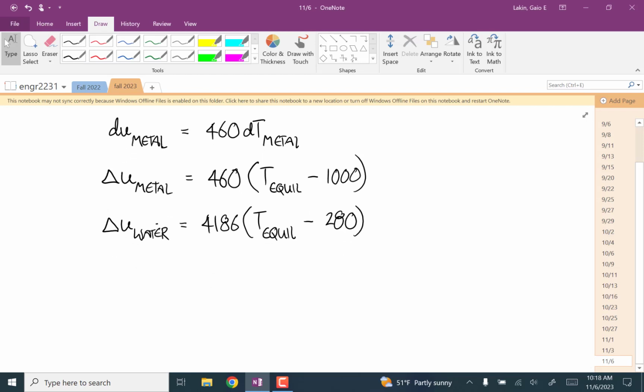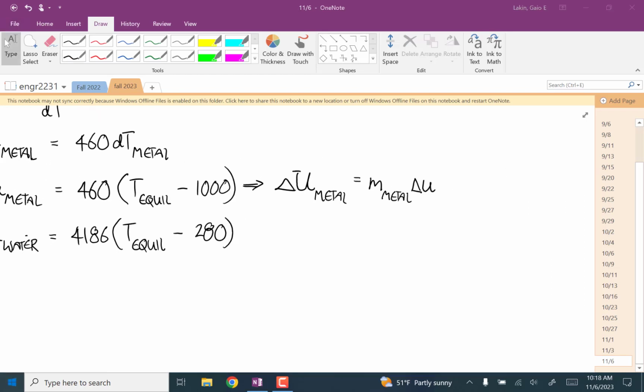And now, since this is insulated, we know that adding up the two changes in extensive internal energy has to add up to 0. The change in actual internal energy for the metal is the mass of the metal times the change in specific internal energy for the metal.